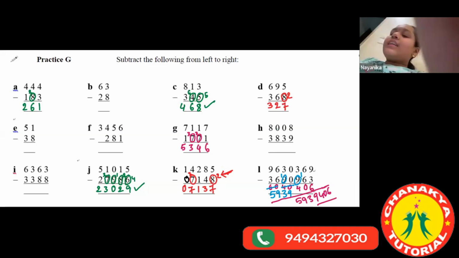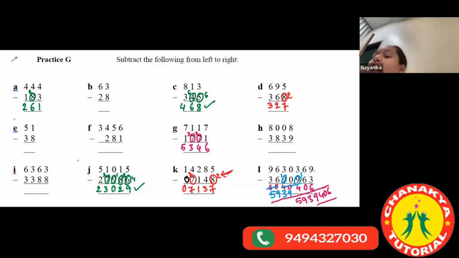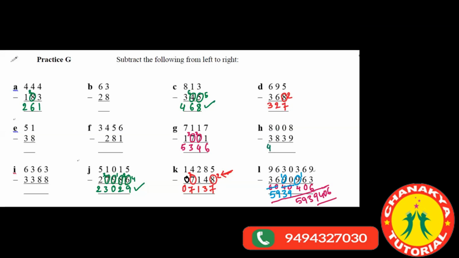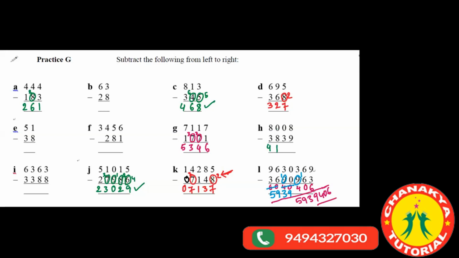Sir, can I take H? Sorry, H bit. Yes, sir. Yeah, why not? Proceed. First, 8 minus 3 is 5, but it will become 4. Then here 2, sir, I am not going to write the complements. Okay. Yeah, then 2, sir, but 2 will become 1. Okay.